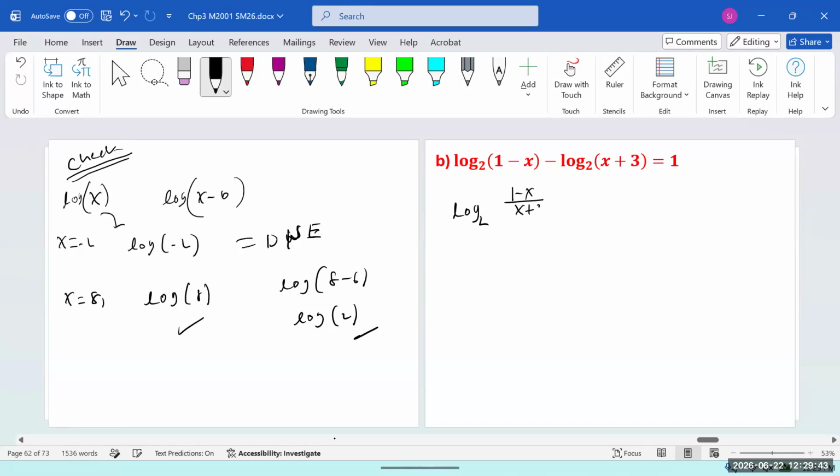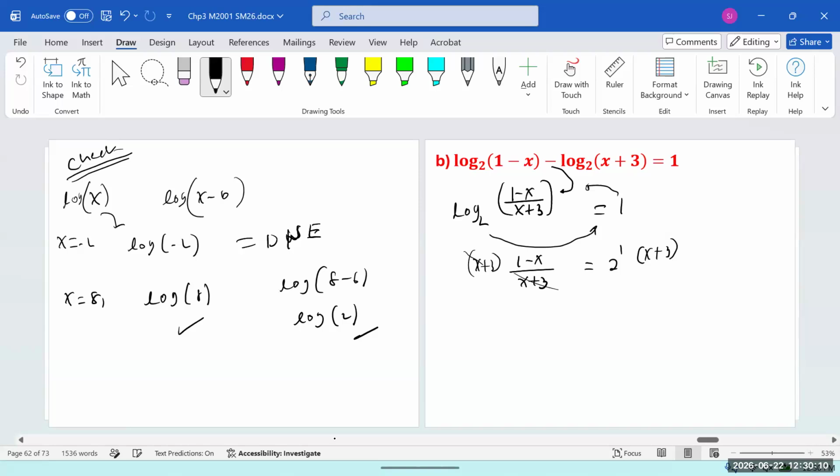Divide. Good job. So minus means you're dividing. Addition means you're multiplying. Equals 1. Exponential. X plus 3.